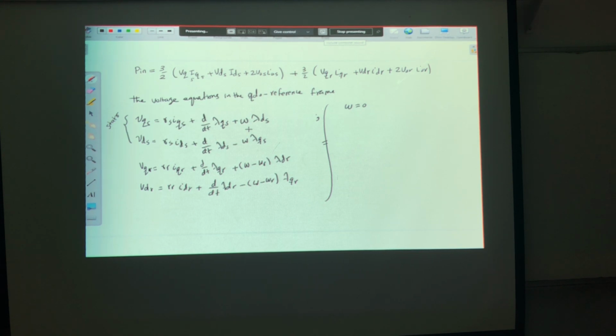I don't need to calculate that part of the power. Why? Because in the end of the day, the Pn will equal ohmic losses plus the rate of change in the field energy, and finally the converted power.